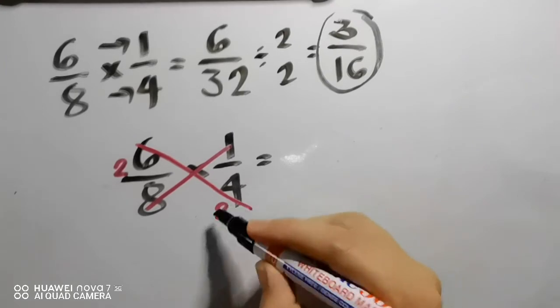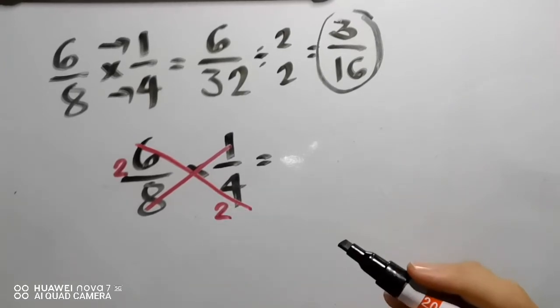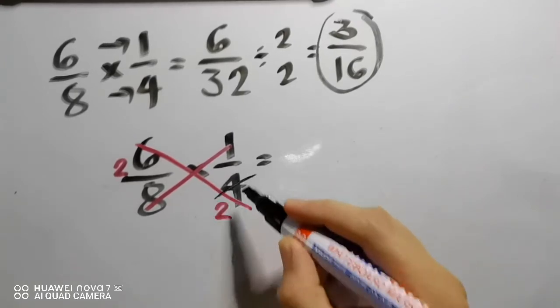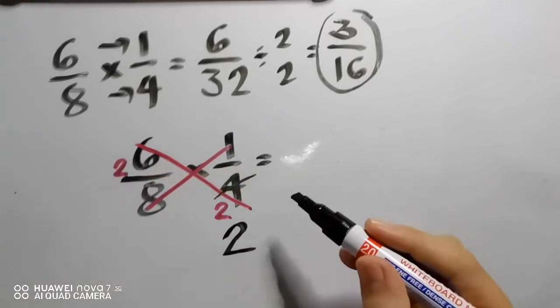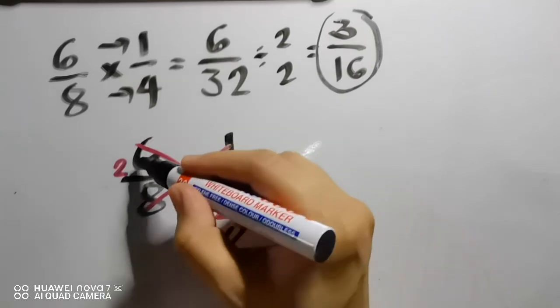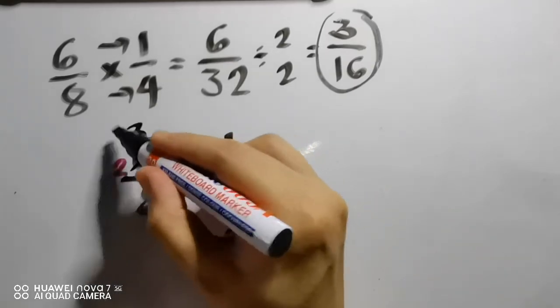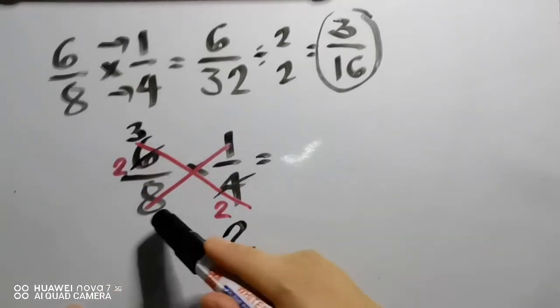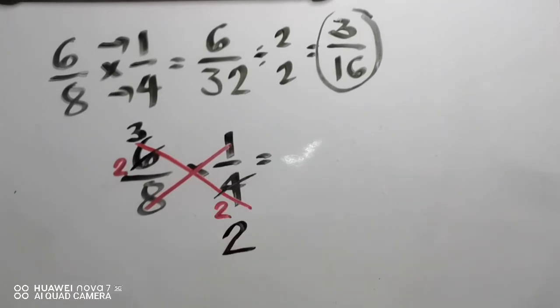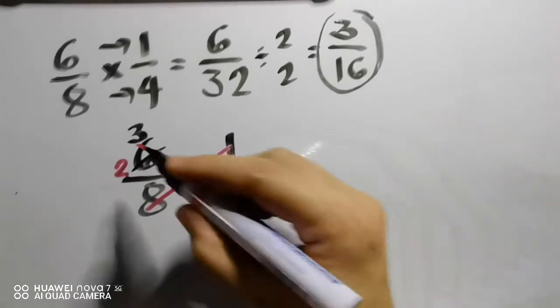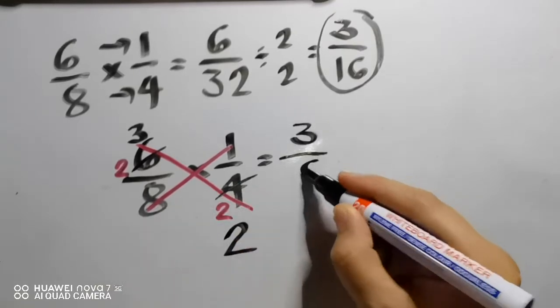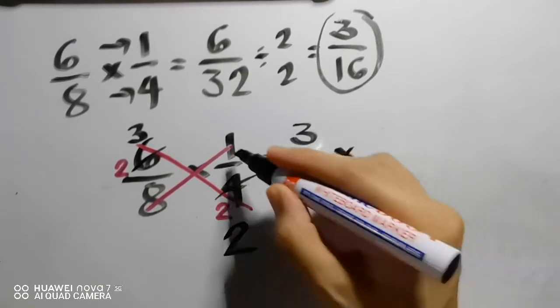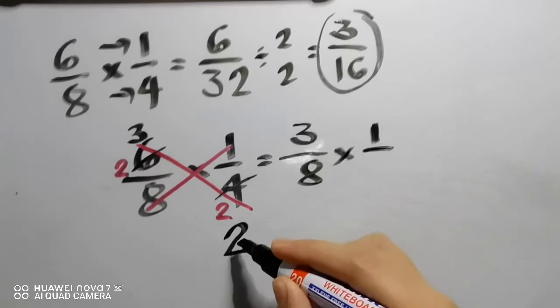So, 4 divided by 2, the answer is 2. So, yung 4 mo, di na siya 4. Siya na ngayon ay magiging 2. 6 divided by 2, siya ay 3. So, ito ngayon ay magiging 3. So, ano natira? Sa 8 and 1, wala naman. So, ano natira sa atin? Ang natira sa atin ay 3, 8 times 1 and then 2.